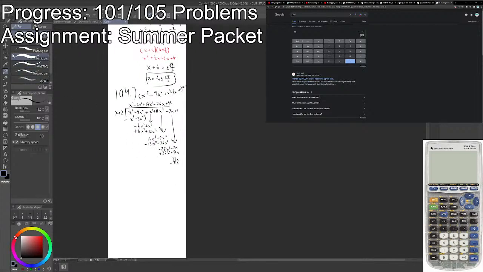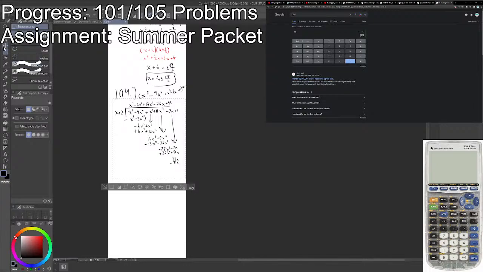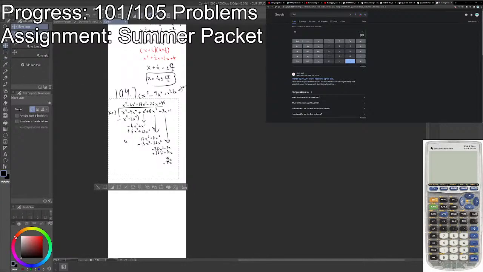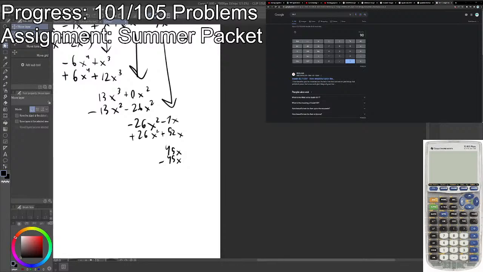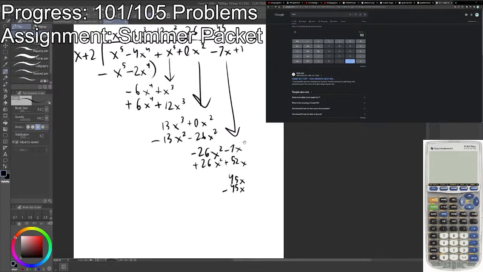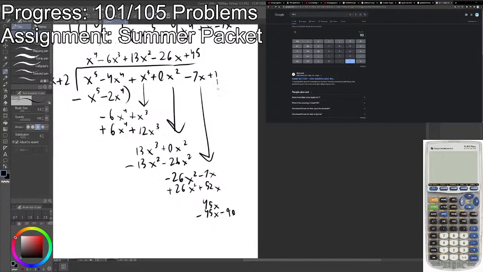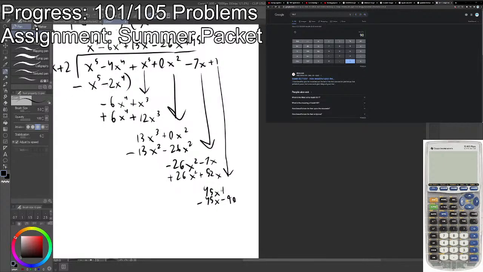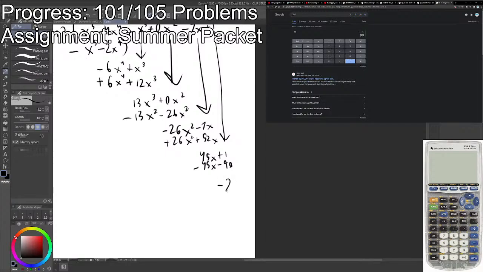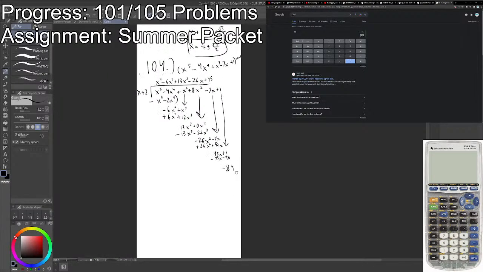Never mind, I gotta move this over a little bit. There's not much left. So it'd be minus 90. Plus 1. Negative 89 is all that's left.